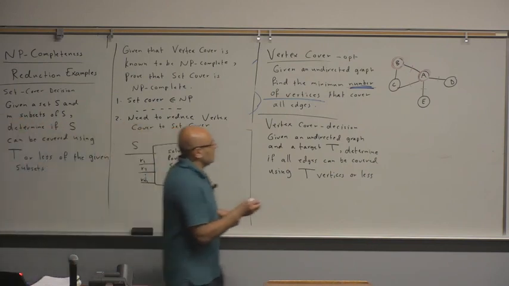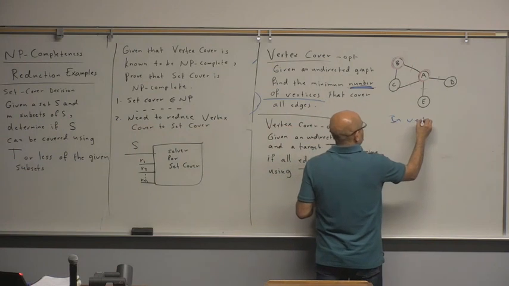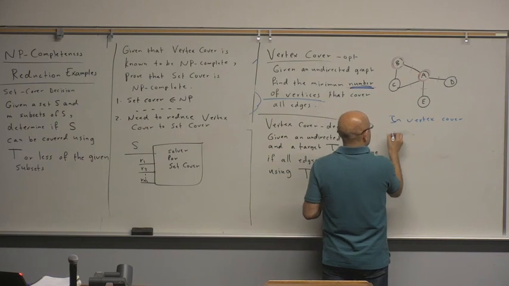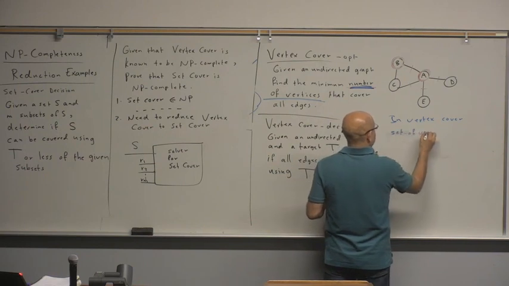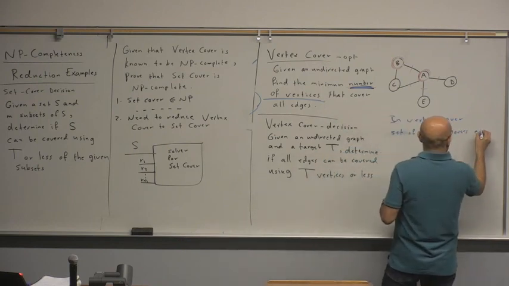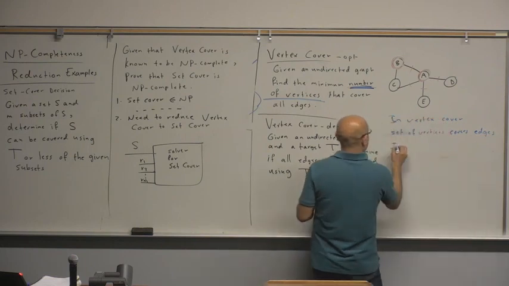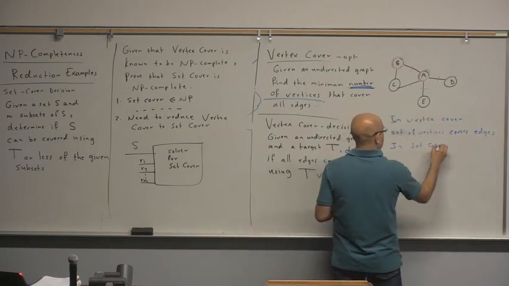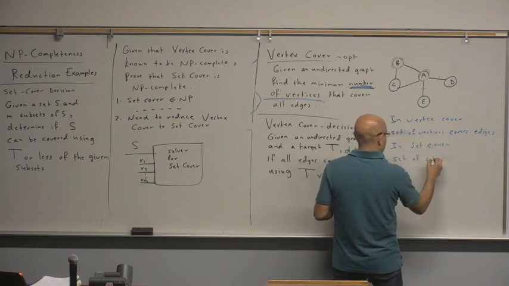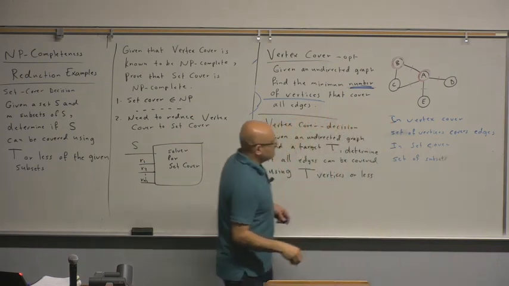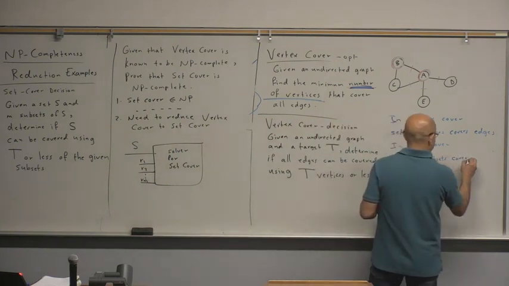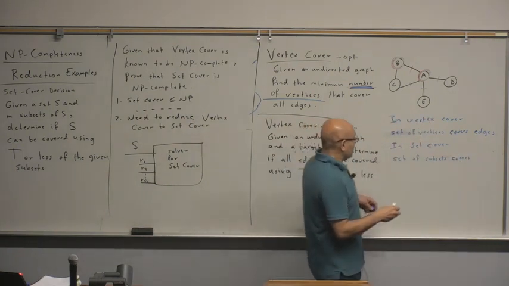In vertex cover, a vertex or a set of vertices covers all the edges. In set cover, a set of subsets covers what? The original set, all the elements of the original set. Yeah, covers elements.